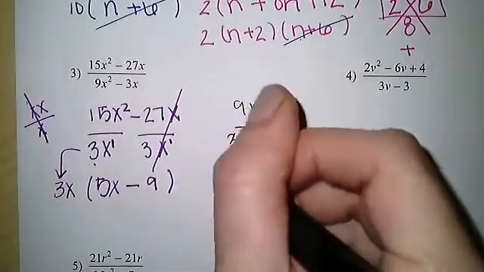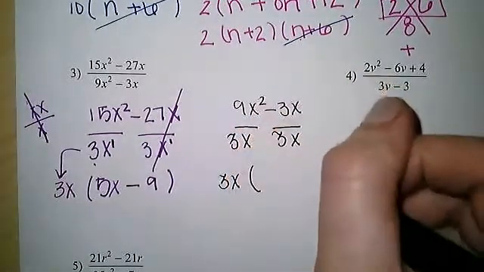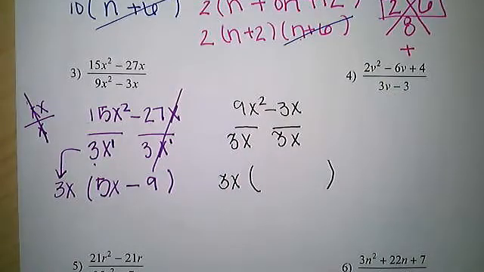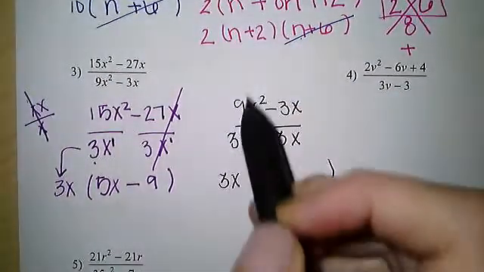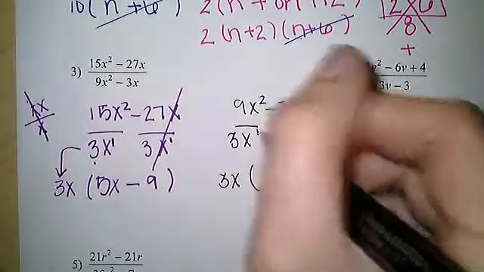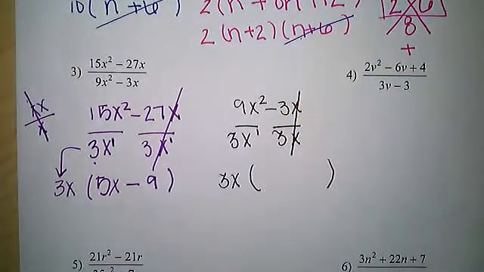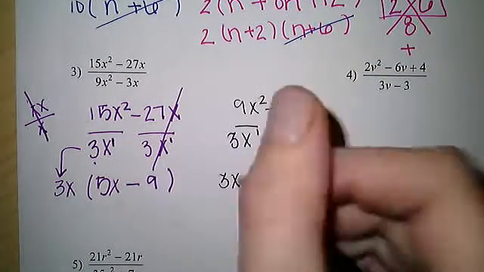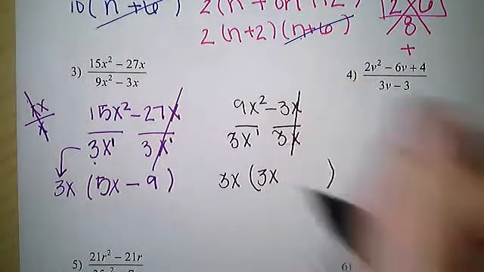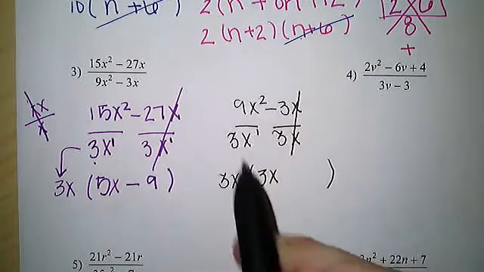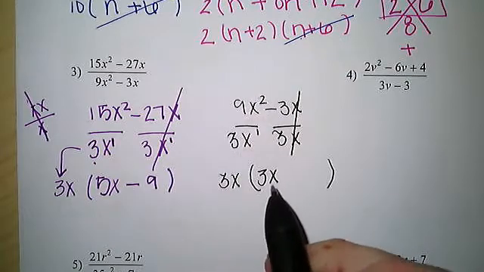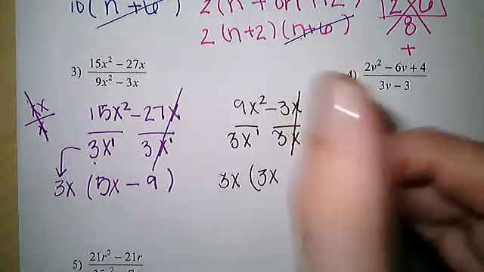Good. Put our GCF on the outside. And when we divide this one, it's the same thing. We can put in those invisible ones. We can cancel out those X's. So we're left with 3 because 9 divided by 3 is 3. And these X's cancel out to give me 1 extra on top.